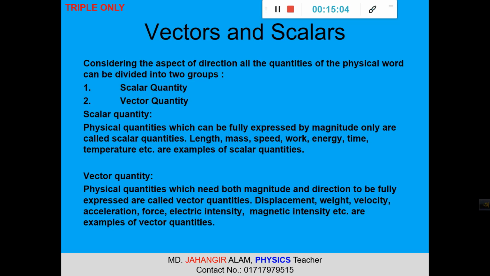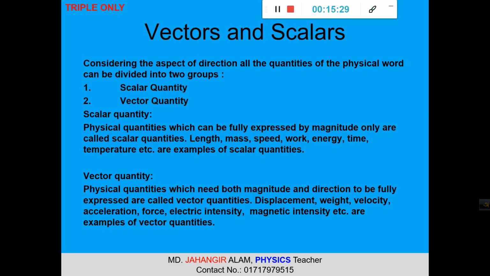On the other hand, the physical quantities which need both magnitude and direction to be fully expressed are called vector quantities. Displacement, weight, velocity, acceleration, force, all types of force, electric intensity, magnetic intensity, all are examples of vector quantity.